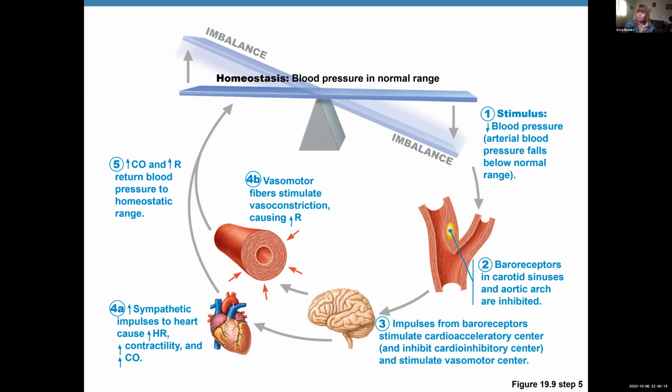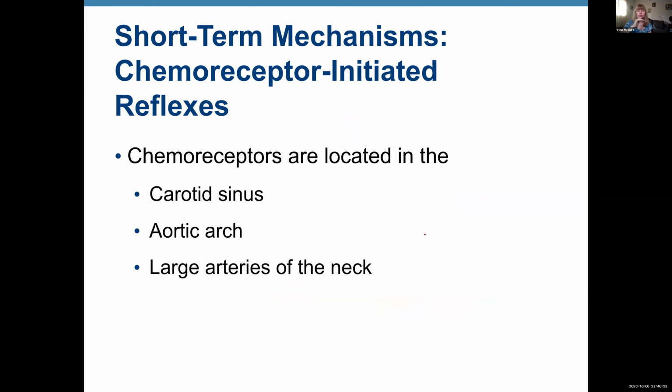Now, this was short-term neural control, baroreceptor-initiated, because those are our baroreceptors. We also have a short-term neural mechanism that is chemoreceptor-initiated reflexes, and it's really similar. Well, there are some similarities, but there are some differences, otherwise it would be the same stuff.